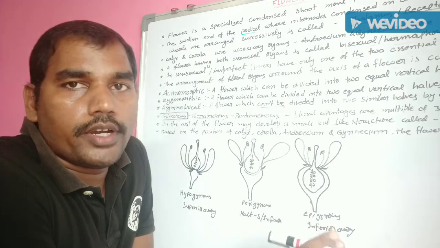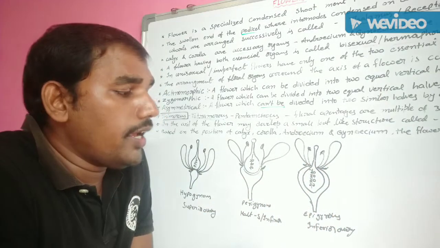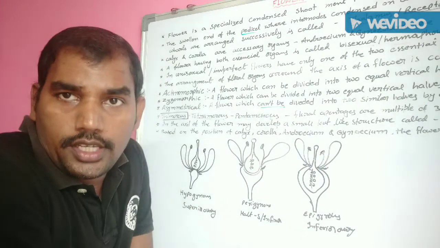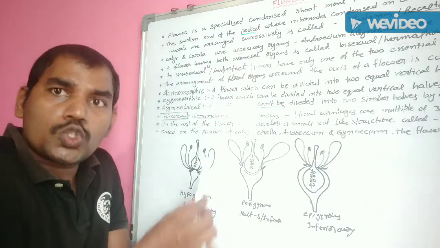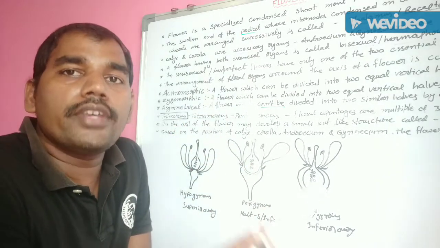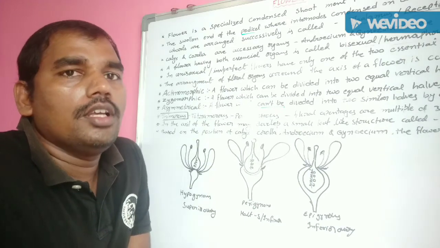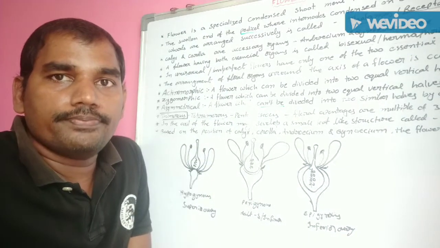So in this type of flower, the ovary is inferior. In hypogynous, the ovary is superior. In perigynous, the ovary is superior or inferior. These are the examples of epigynous flower.